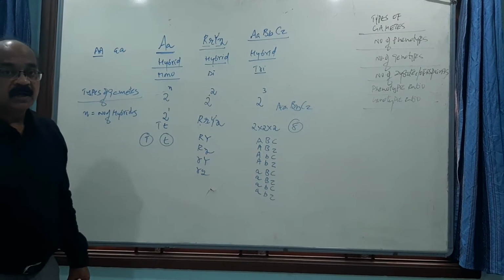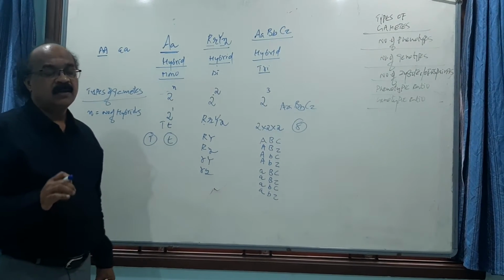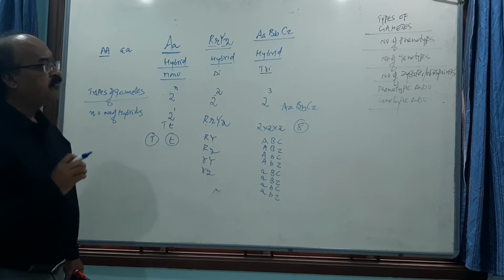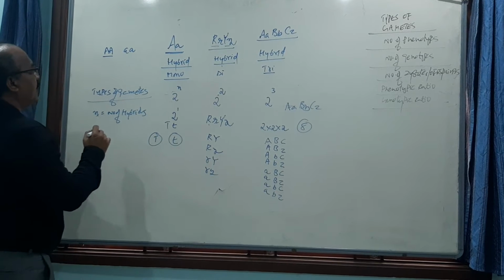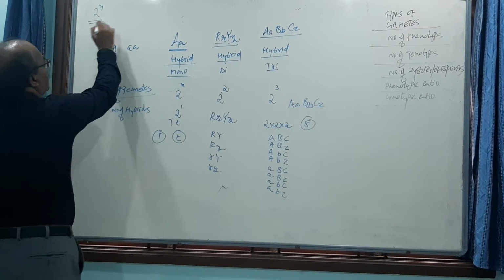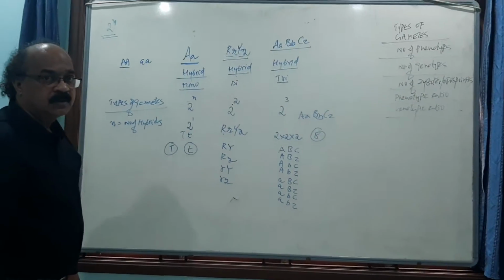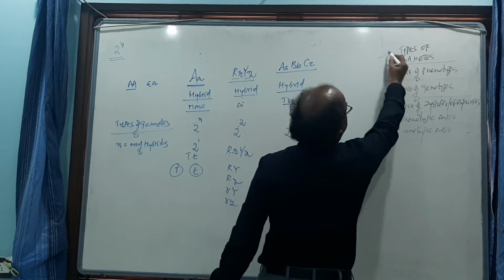So how to calculate the types of gametes? The simple formula is 2 raised to n. Okay?